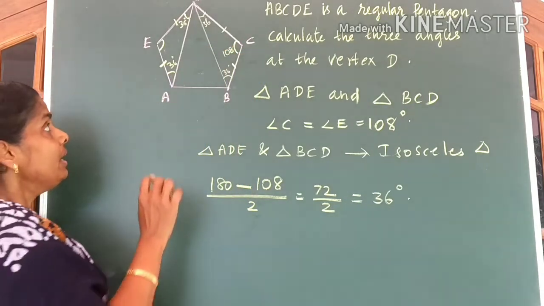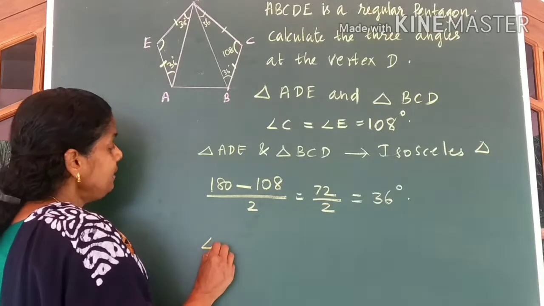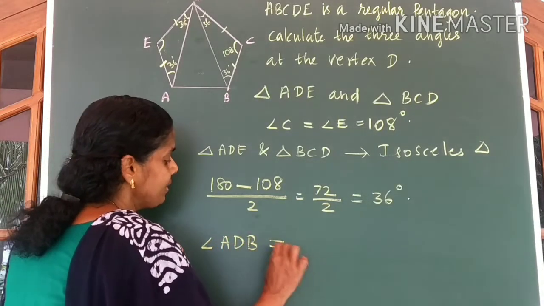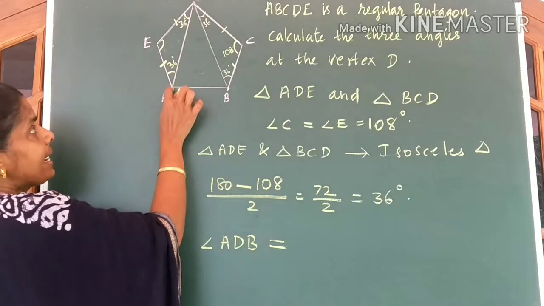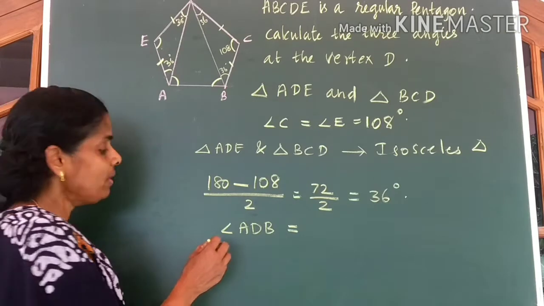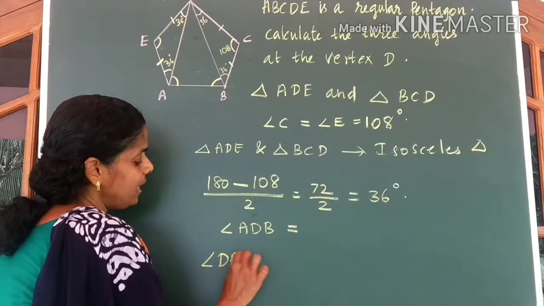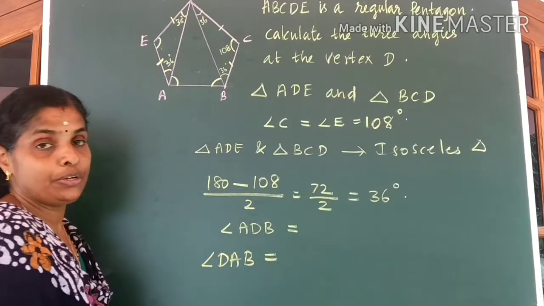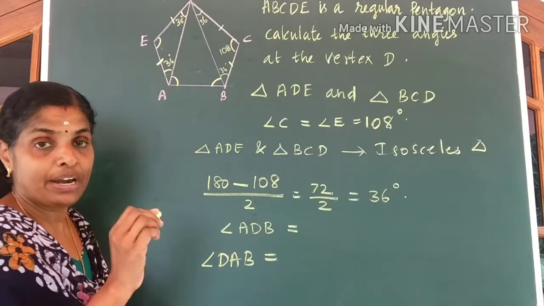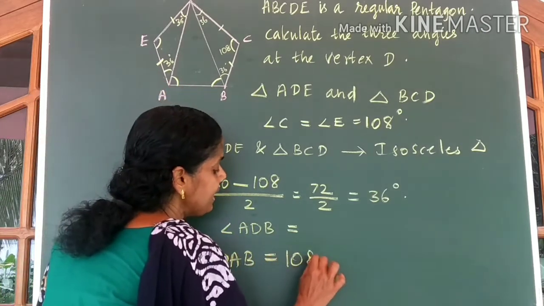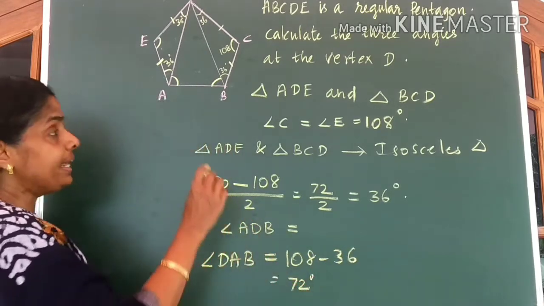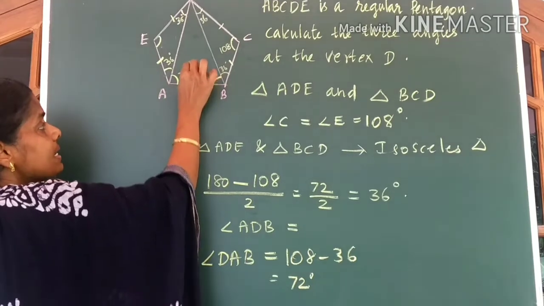Okay. Now we need angle ADB. Now to calculate angle ADB, what you can do? You know angle DAB is equal to angle at vertex A is equal to 108. So 108 minus 36 gives you 72. Therefore, this angle is 72.